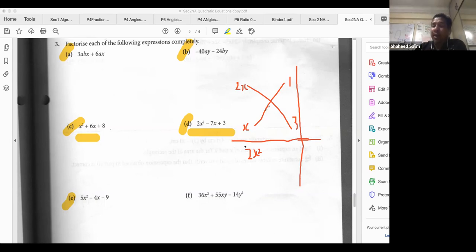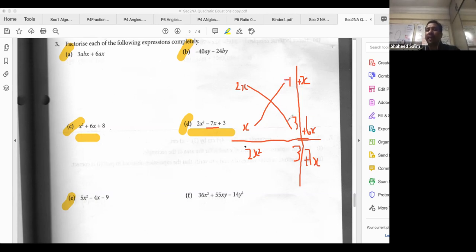And in order to get 1 times 3 give you 3, let us try x times 1, x, positive x. 2 times 3, 6x. Hey, almost there, almost there. 6x plus 1x is 7x, but there's a problem. The problem is this is plus. This is plus. This is plus. We want minus. How to get minus?